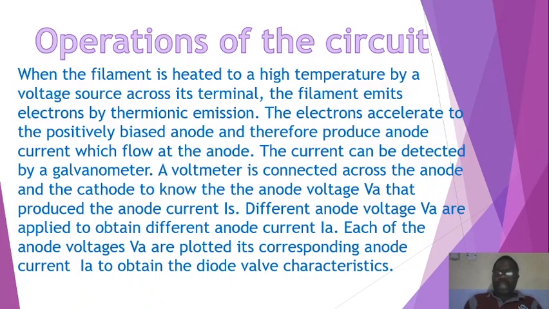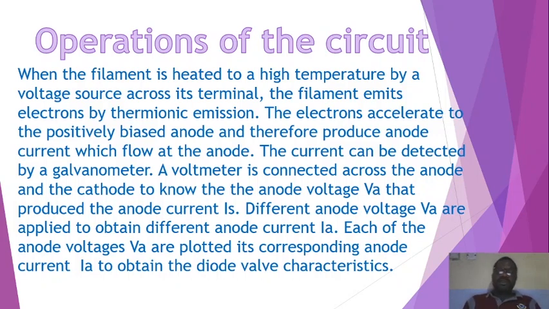Now, a voltmeter is connected across the anode and the cathode to know the anode voltage that produces the anode current. So, different anode voltages are applied to obtain different anode currents. It is the variable resistor that we use to vary it. Immediately we vary the voltage, we see that a different current will be produced at the anode.